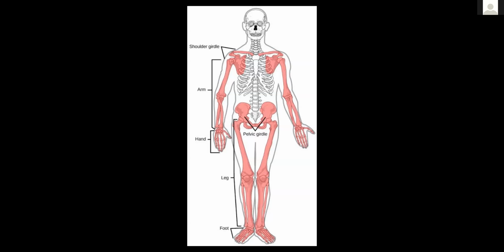Hip girdle, isn't it? How many bones constitute it and which bones constitute it? Two coxal bones, two hip bones.